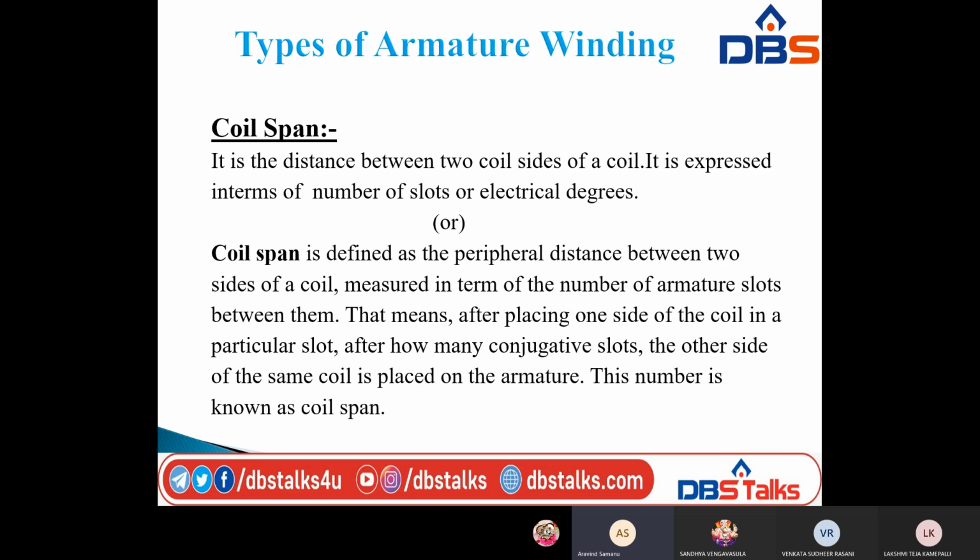That means after placing one side of the coil in a particular slot, after how many consecutive slots the other side of the coil is placed. That distance between the two coil sides is called coil span.